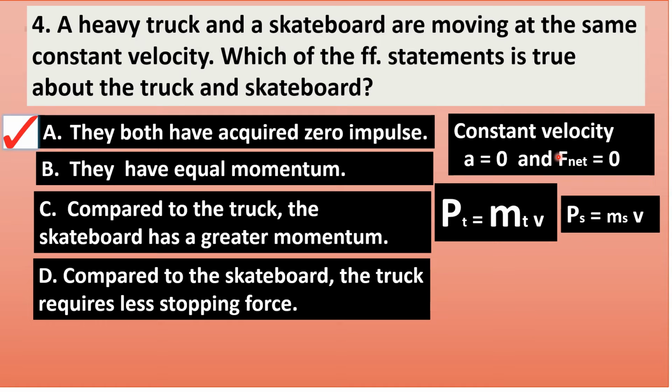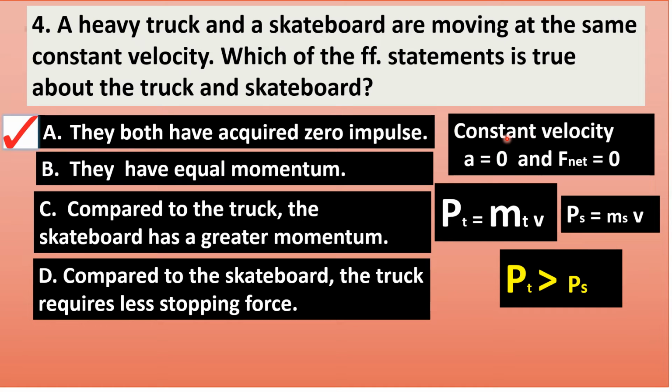There is no impulse imparted to either the truck or the skateboard. You understand? No net force has been exerted because during the time that we are describing these two bodies in motion, their respective velocities were kept constant and in fact were equal in magnitude as well as in direction.